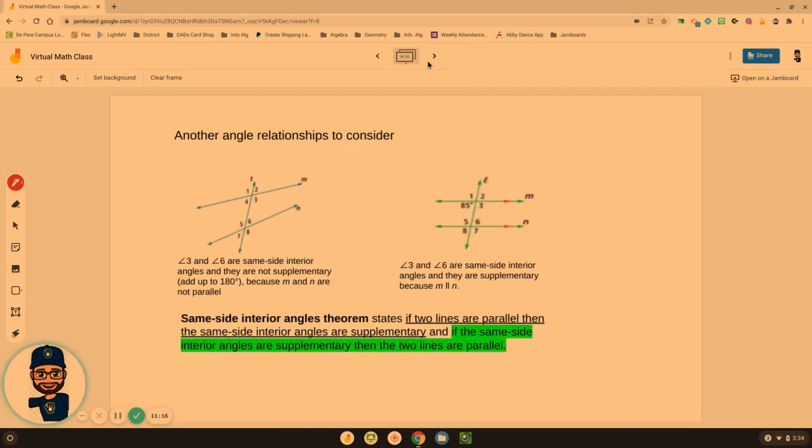Now, the last one we have is same side interior. As you can see, 3 and 6, they're both in between the two lines, and they're on the same side of the transversal.